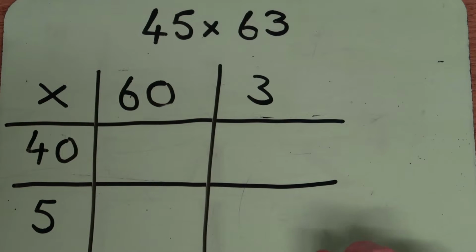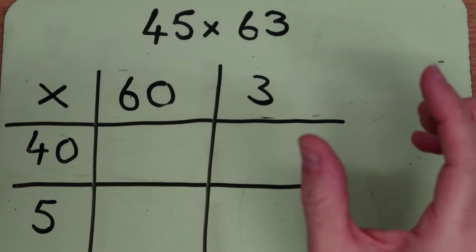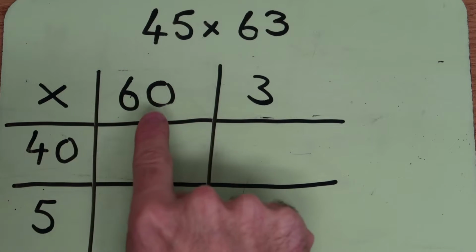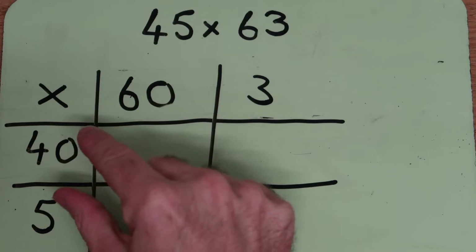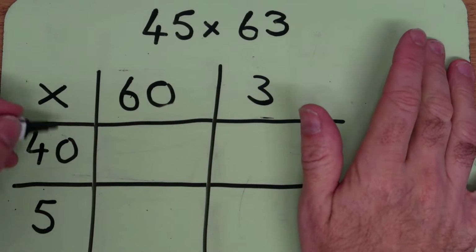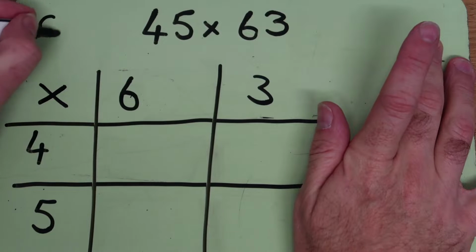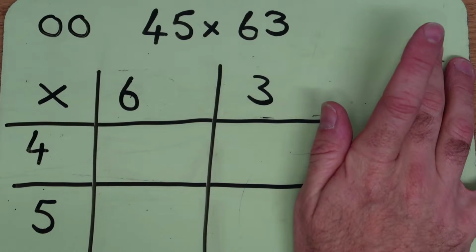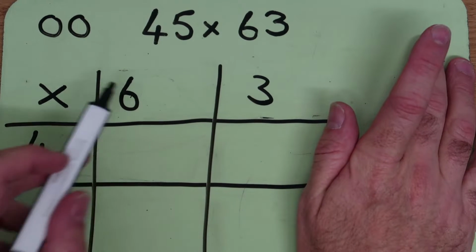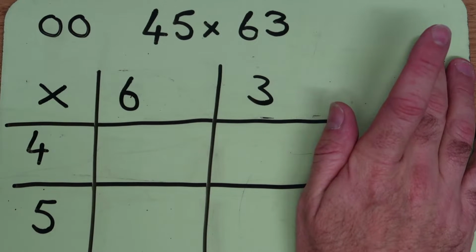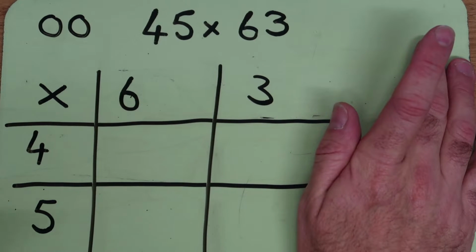Okay, now there's a simple way of working this out. What I say to my children is when we're going to times 40 by 60, we can take off the two noughts. If we just remove them for the moment, let's pop them up there so we don't forget how many we've taken off. What we're left with is 4 times 6, which is pretty easy if you know your times tables.